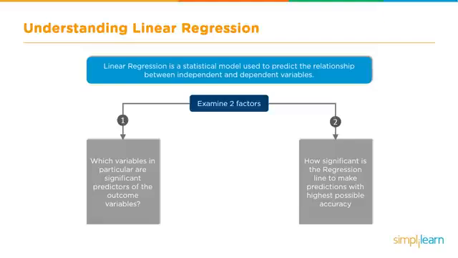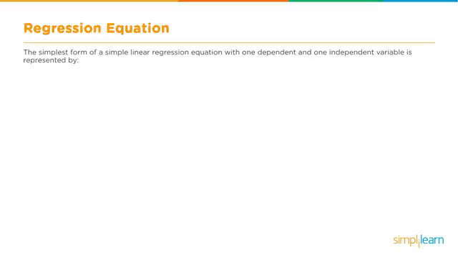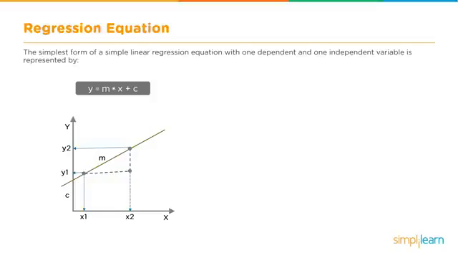Since linear regression is based on drawing a line through data, we're going to jump back and take a look at some Euclidean geometry. The simplest form of a simple linear regression equation, with one dependent and one independent variable, is represented by y equals m times x plus c. And if you look at our model here, we plotted 2 points on here, x1 and y1, x2 and y2.